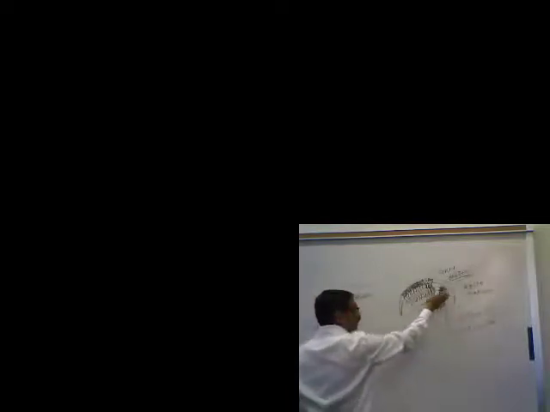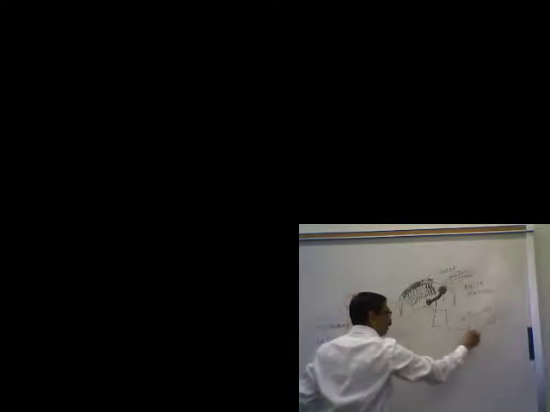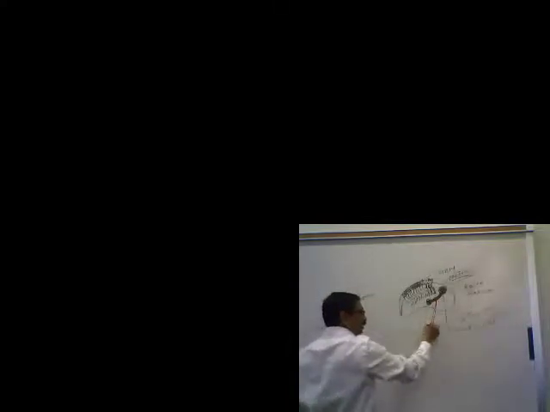Okay, so a tract is the bundle of fibers, and nuclei are the densely packed cell bodies, and a tract is the densely packed fibers. So when you cut the brain, you can clearly see these structures.